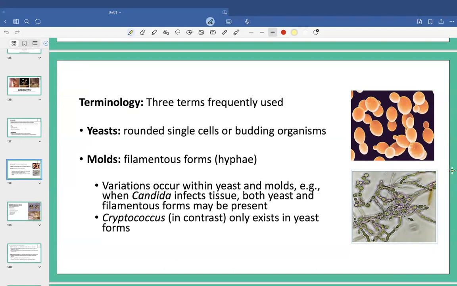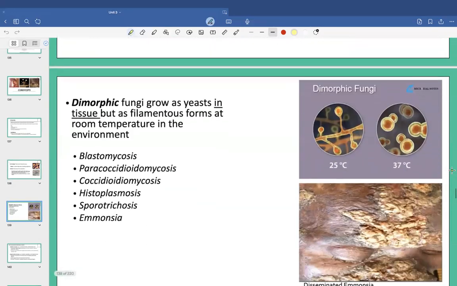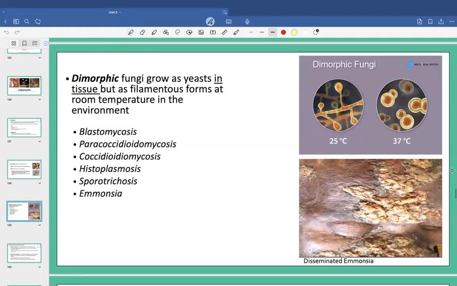And then there are the dimorphics, which have the ability to live in both yeast and filamentous form, depending on temperature. Some examples of those are blastomycosis, coccidioidomycosis, histoplasmosis, sporotrichosis, and Emmonsia. Emmonsia is extremely rare in humans.